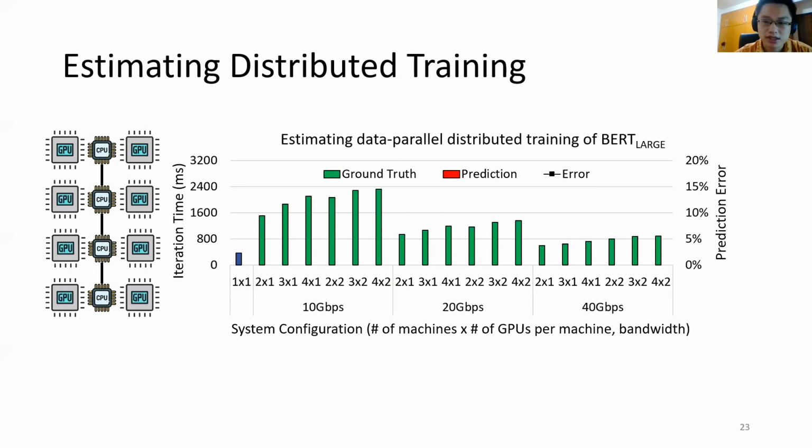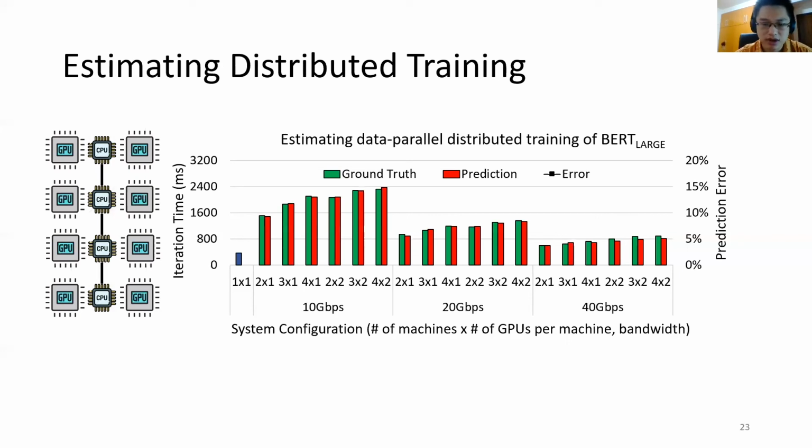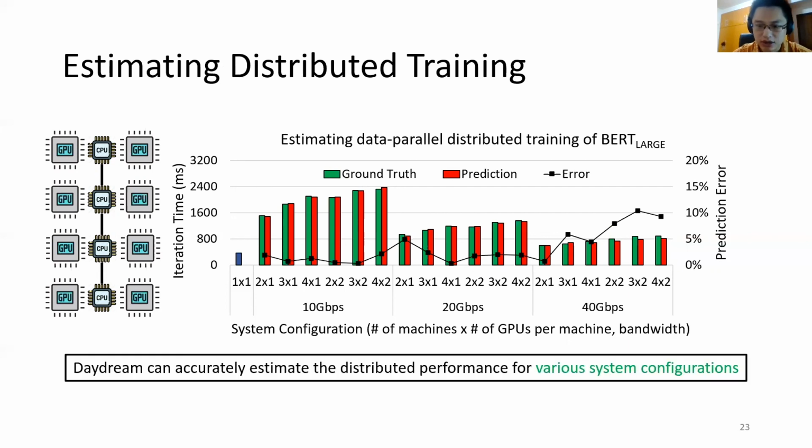The green bars here show the measured ground truth runtime of the BERT large model, and the red bars show the runtime prediction. And the estimation error, as we can see from the y-axis on the right-hand side, is generally less than 10%, showing that Daydream can accurately estimate the distributed performance for various system configurations.